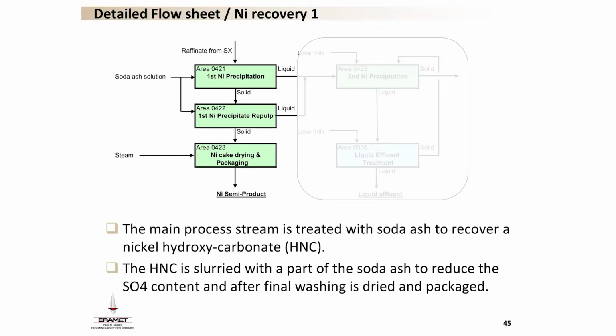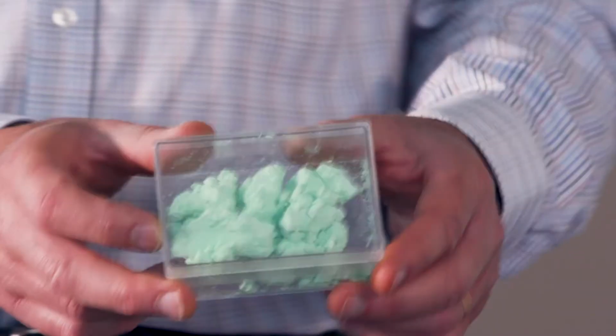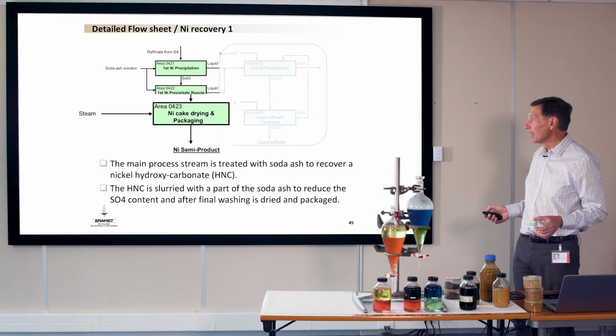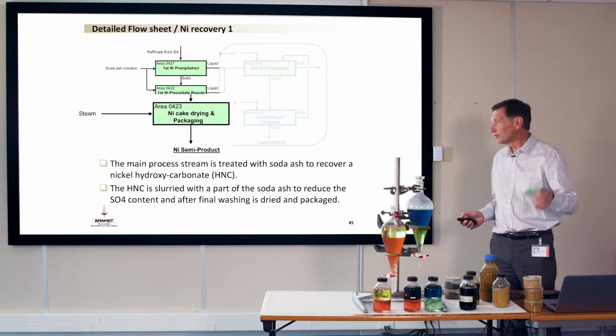Next step is very important: the recovery of nickel from the solution obtained after the solvent extraction. To recover the nickel is rather simple. You add soda ash, sodium carbonate, to precipitate nickel carbonate. You precipitate it and recover it by filtration, and that's the product of this process.